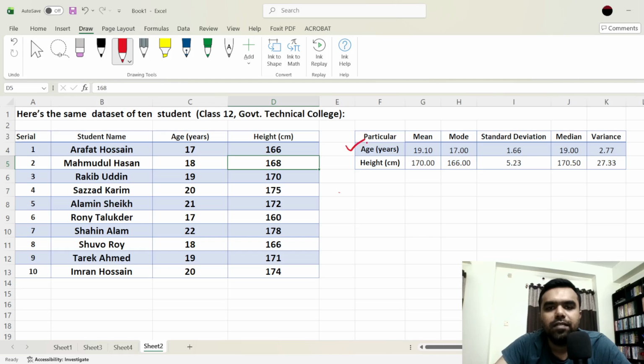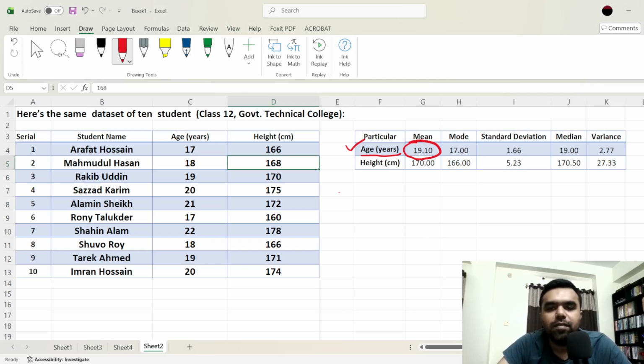We can see the height here. The height is 19.10. That means that the average age of the students is 19.1.